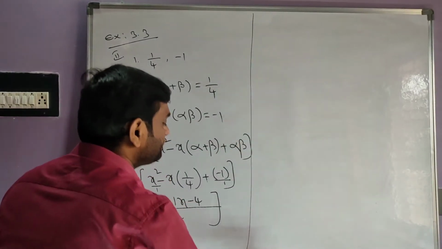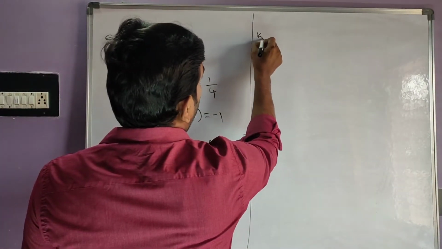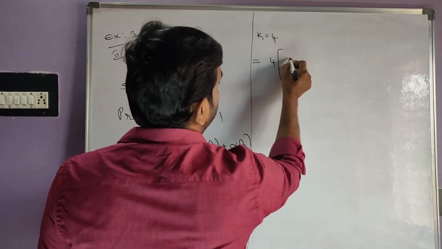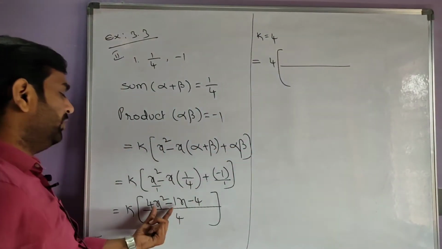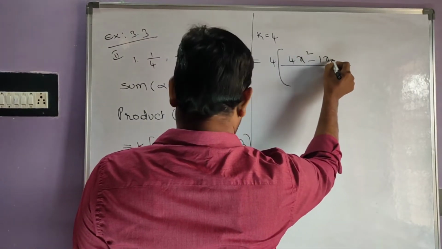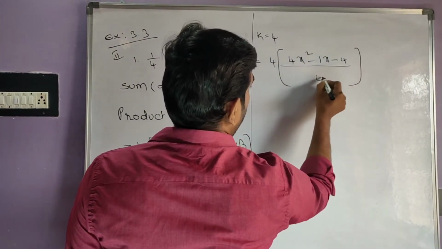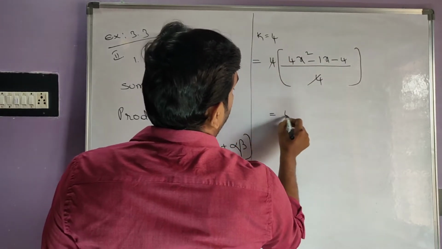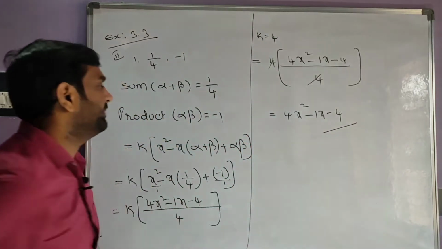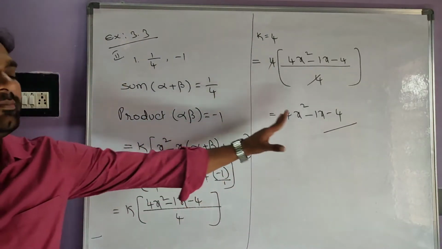So if k is equal to 4, then 4 into 4x square minus 1x minus 4 by 4. The 4 cancels, and we got the quadratic polynomial 4x square minus 1x minus 4.